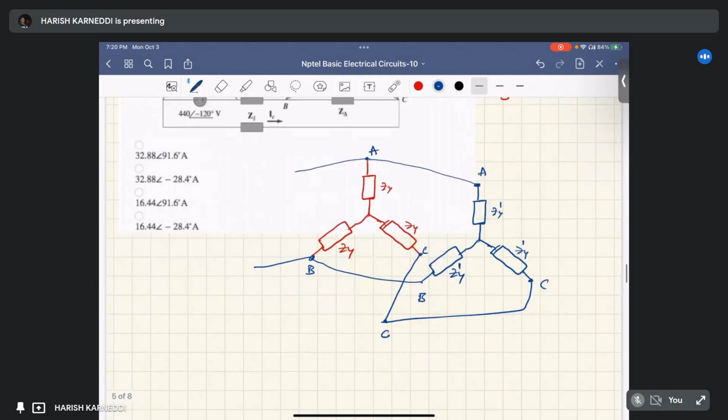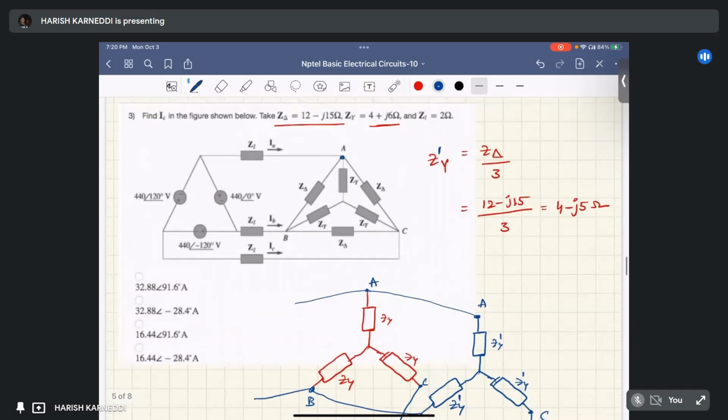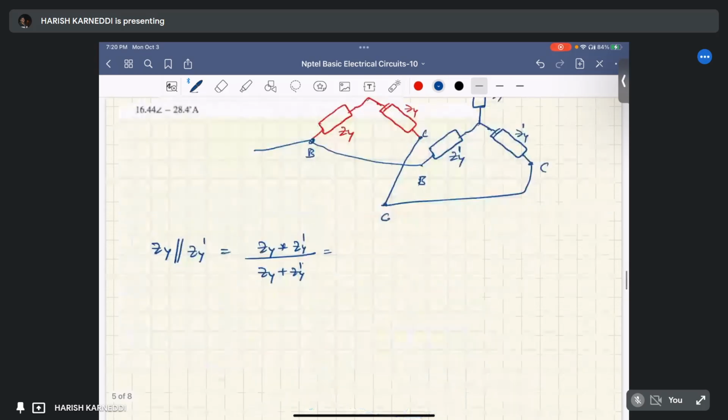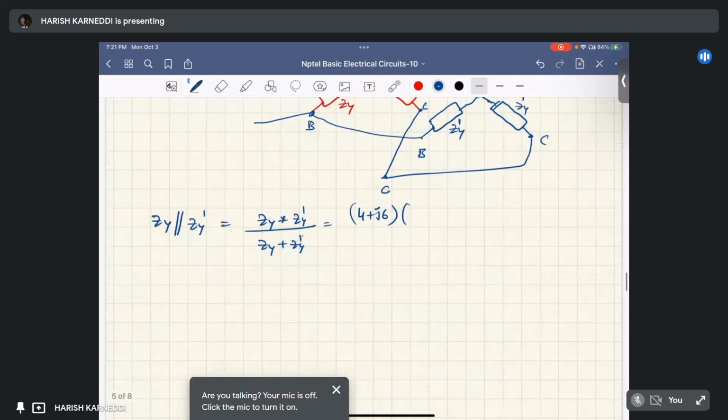So what is the equivalent? Z5 and Z5 dash are connected in parallel. Equivalent impedance is Z5 into Z5 dash by Z5 plus Z5 dash, right? Simply it's parallel. So Z5 equal to 4 plus J6 ohm. Z5 dash equal to, just we calculated, 4 minus j5 ohm.